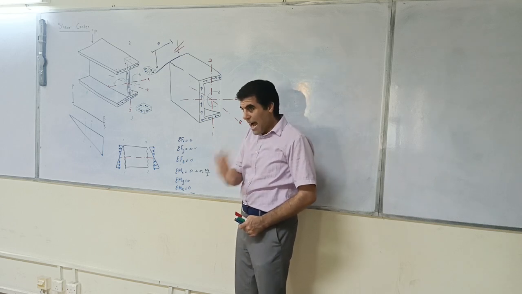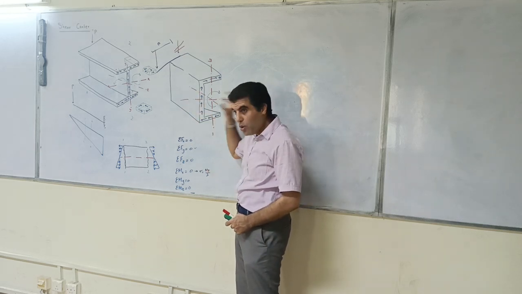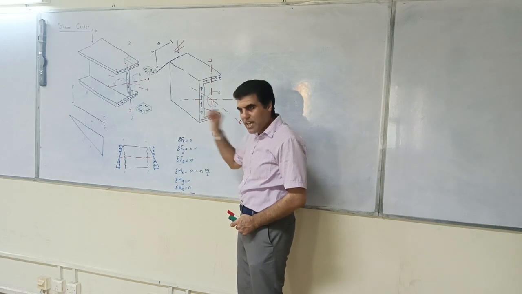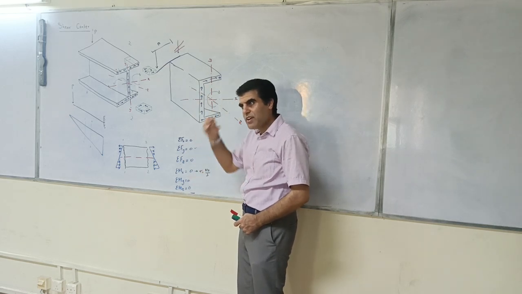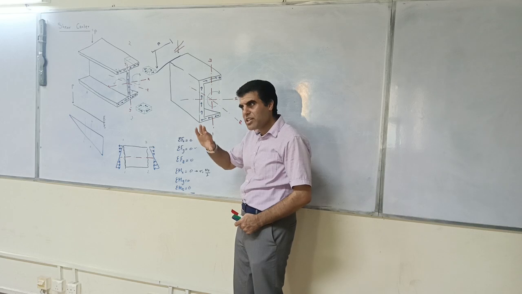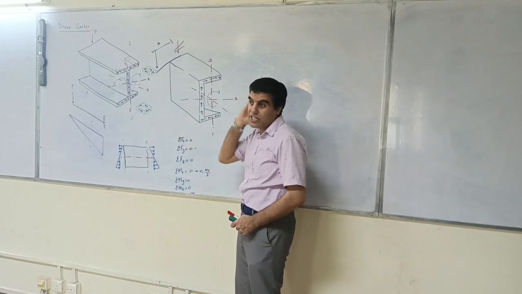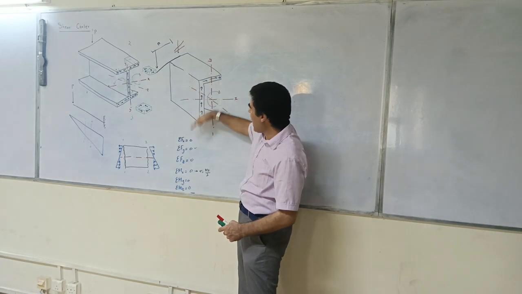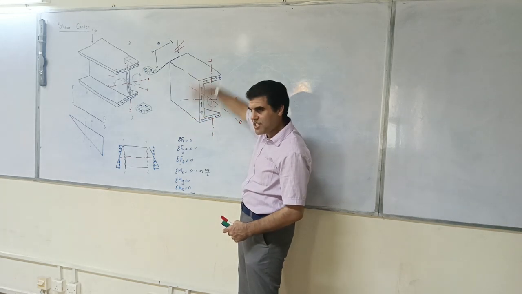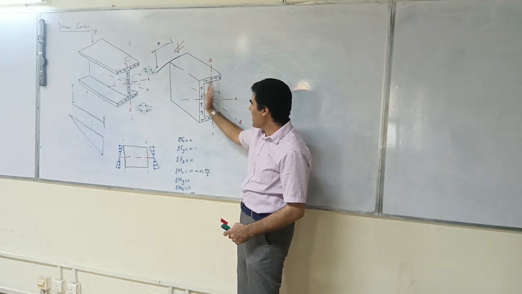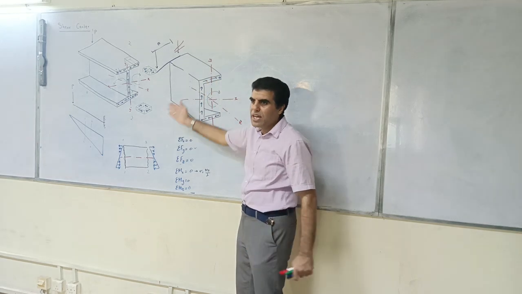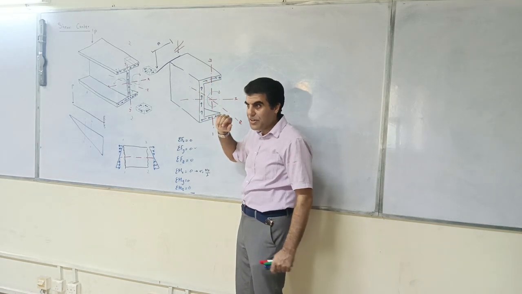Okay, so I repeat that shear center is only applicable in those cross sections which have symmetry in one direction and non-symmetry in the other, orthogonal direction. So see, this is symmetrical about the x plane, but about the y plane it's not. Therefore this is a candidate for shear center.